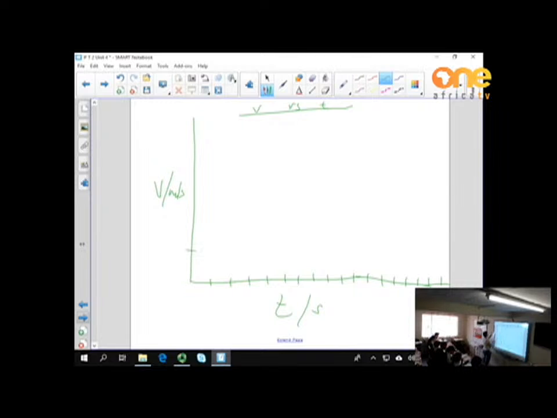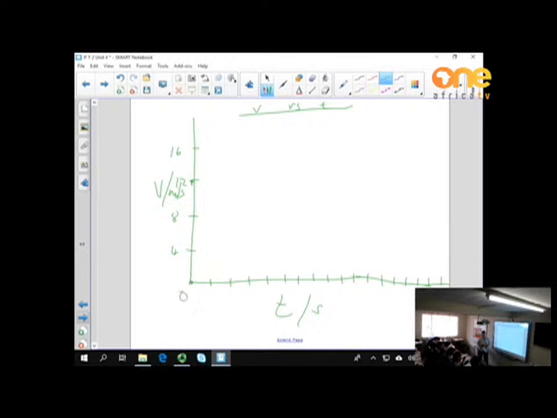How many? Okay, let's take that. 4, 8, 12, 16. To where must it go? 16 is enough.